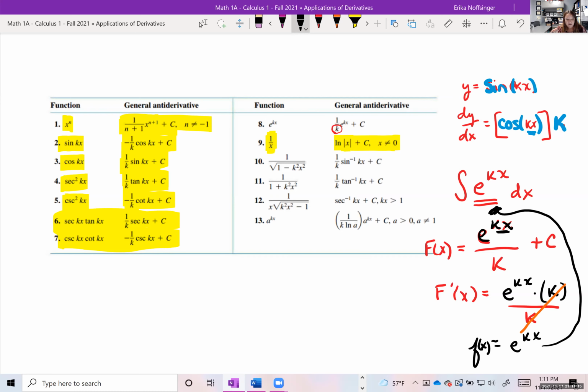You kind of have to remember backwards what the inverse trigonometric functions were. So if we took the derivative of sine inverse of kx, that was 1 over the square root of 1 minus k squared x squared. So if you see that, and we're taking the integral of this, this is what we're going to get back.